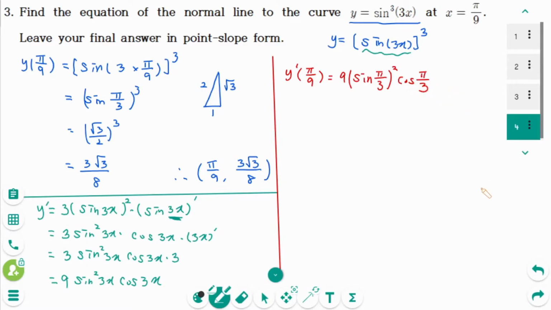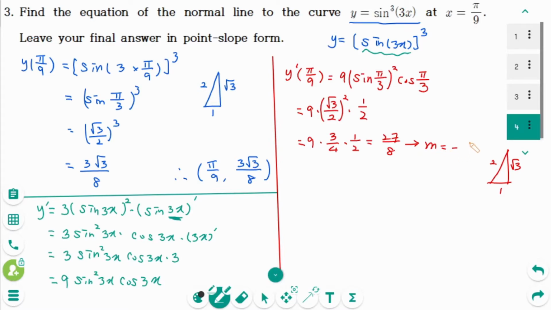Use the triangle: 2, square root of 3 and 1. 9 times sine pi over 3, which is square root of 3 over 2 squared, times cosine pi over 3, which is 1 over 2. So 9 times 3 over 4 times 1 over 2, which is 27 over 8. Then the slope equals minus 8 over 27.